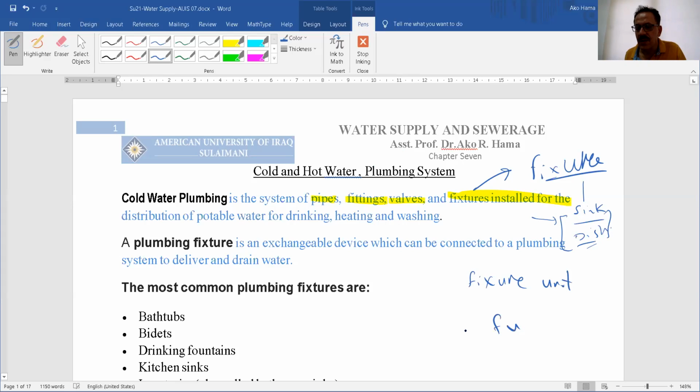FU, a water fixture unit, or cold water fixture unit. This is a unit like meter or kilometer. So fixture units are used in plumbing. What we have to do is see how much water that sink is designed for using.